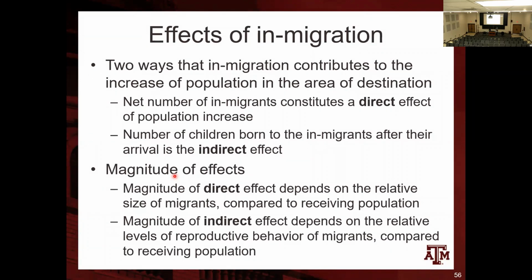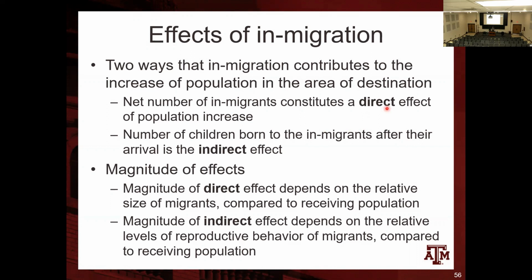Some effects of immigration. There are two ways in which immigration contributes to the increase of population in the area of destination. I just mentioned the example of African Americans moving from the South to the North during the Great Migration. Those migrants moving from the South to the North, the direct ones that used to live there and are now living in the North, are the direct effect on the changes in population size in the destination.